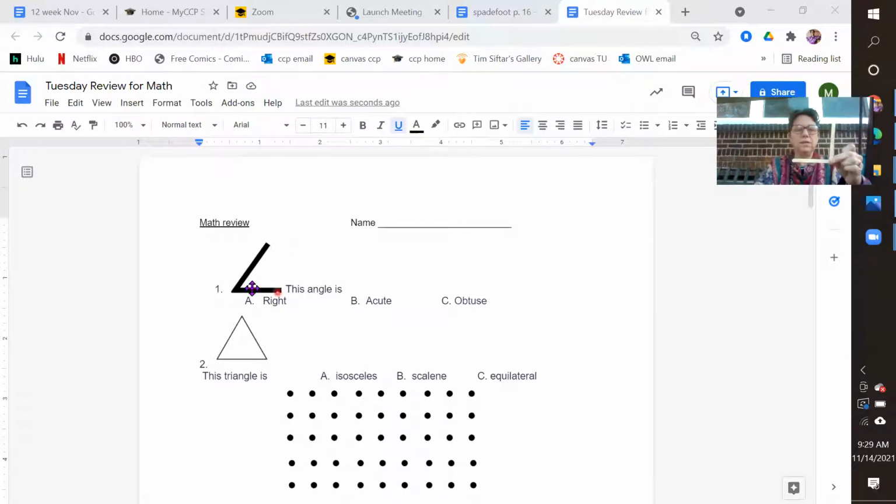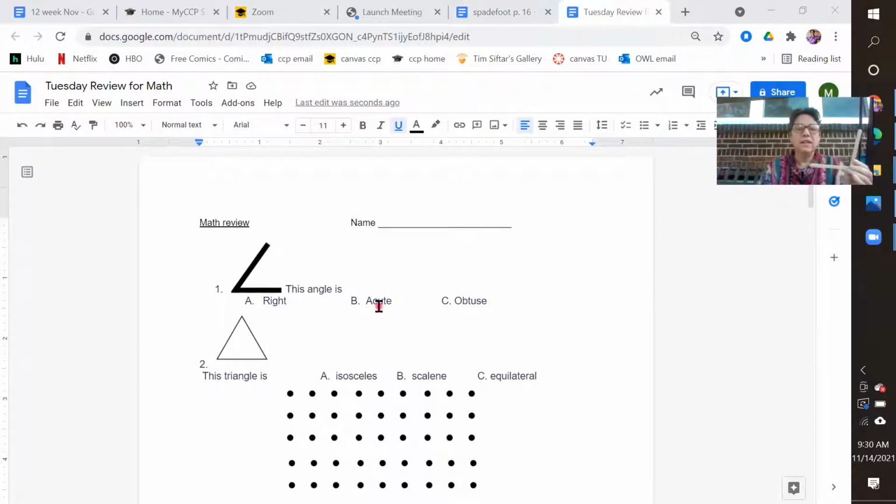So let's look at this one. Is it a right angle? No. So an acute angle is small, smaller than a right angle. An obtuse angle is bigger than a right angle. And that's all you need to know. So this angle, is it right, is it acute, or is it obtuse?